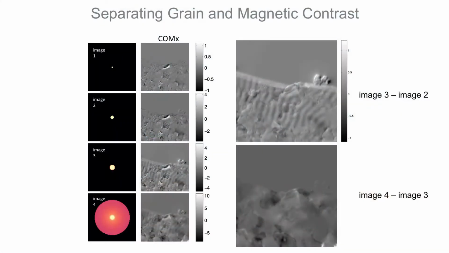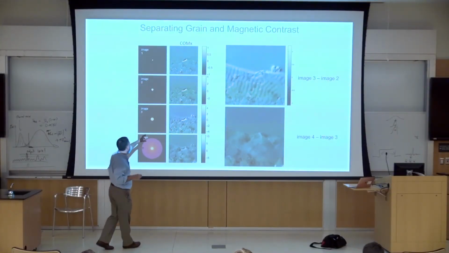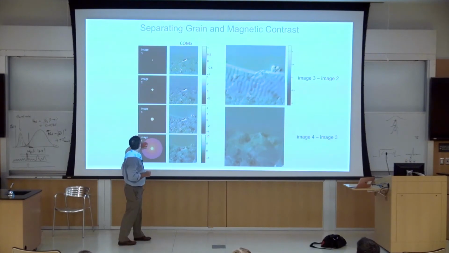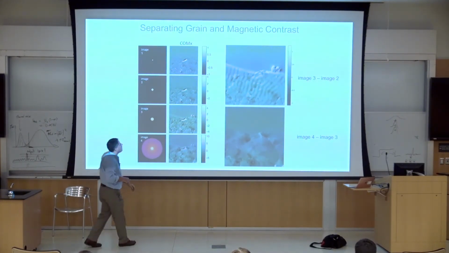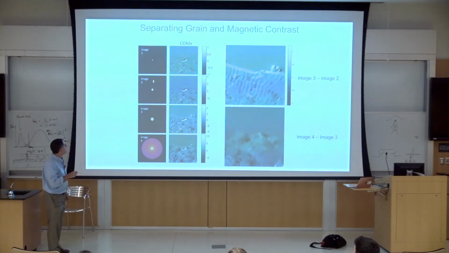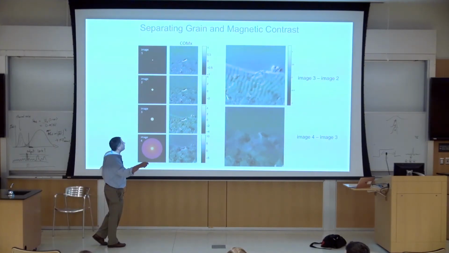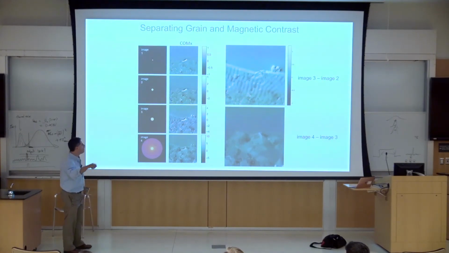So if I now take my center of mass image and break it up as a function of angle, right near the edge of the disk the contrast looks a bit messy. But if I take the edge of the disk minus the middle of the disk, so this is just a ring around the edge of the disk, then I get contrast just from the shift of the disk, and I see some nice ripples.